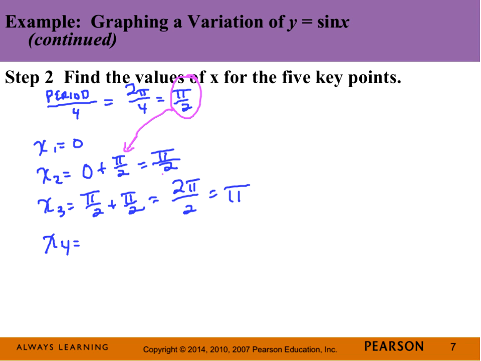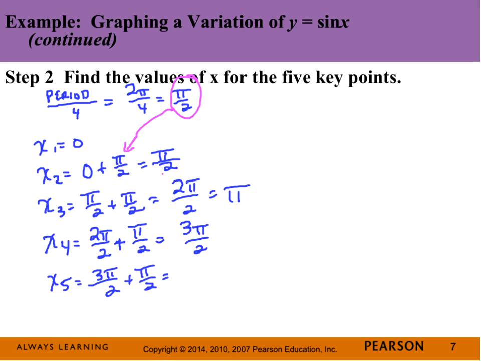And x4, our fourth x coordinate, we start at pi. I'm actually going to write it as 2 pi over 2 instead of simplifying it because I'm adding pi over 2. I want to go ahead and have that common denominator. So that's 3 pi over 2 for x4, and for x5, I need to add pi over 2 to 3 pi over 2.